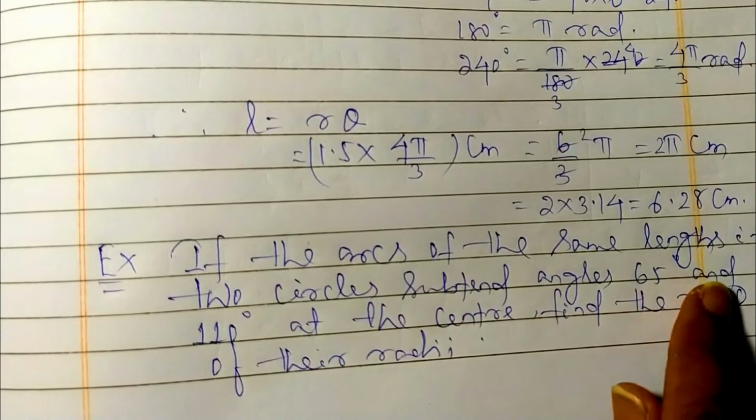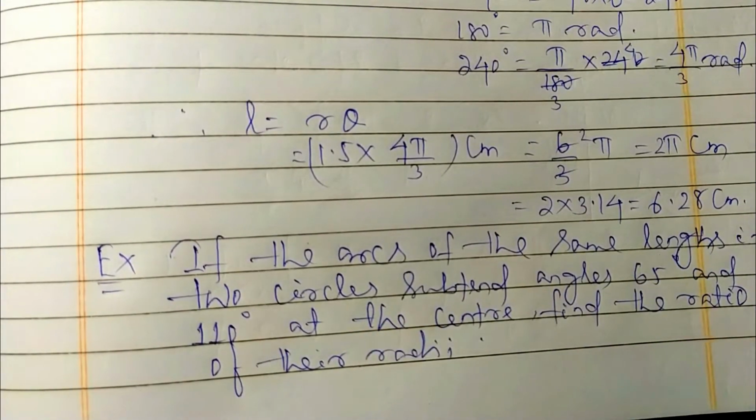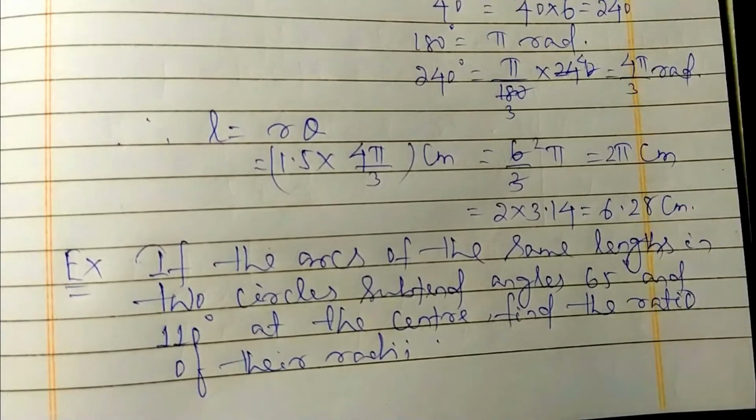Both arcs have the same length and subtend angles 65 degree and 110 degree at the center.